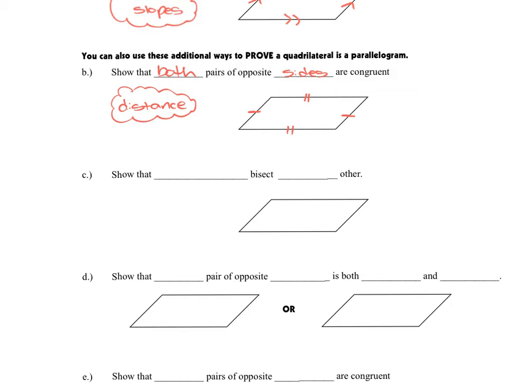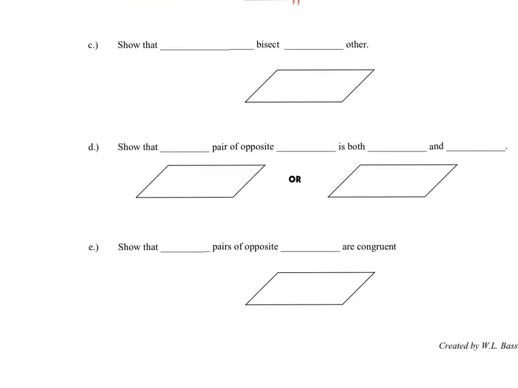Our next one is a way to prove that a quadrilateral is a parallelogram: show that the diagonals bisect each other.